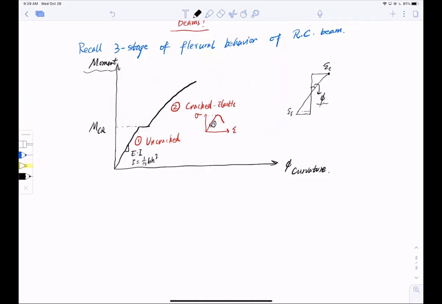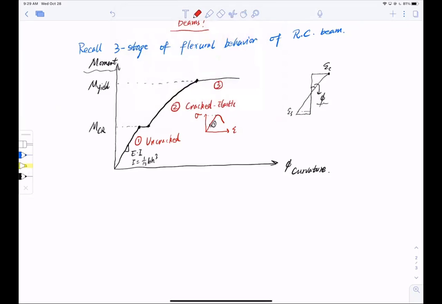So I can proceed further, up to the point that my steel reinforcement yielded. Then I enter the last stage where I almost see a flat moment capacity, and this stage is called stage 3.